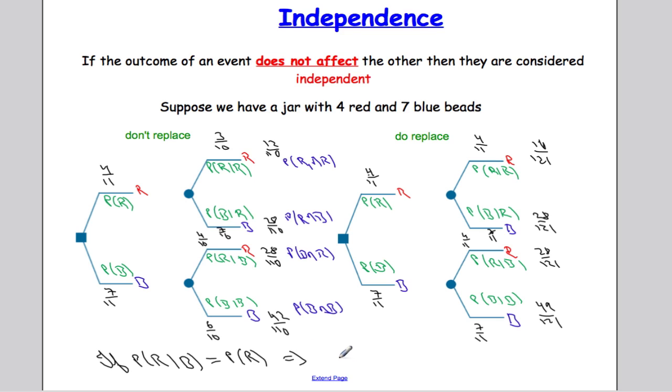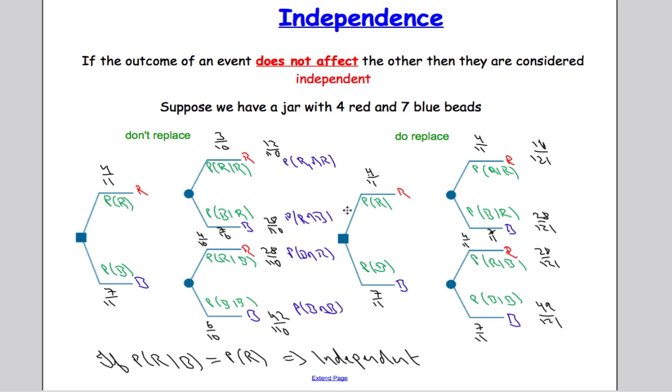That means that these events are independent. So the two events are independent because it doesn't matter what happens in the first instance. It has no effect on what happens afterwards. So the probability that I chose red given I chose a blue is the exact same as the probability that I chose red. So the two events are independent.